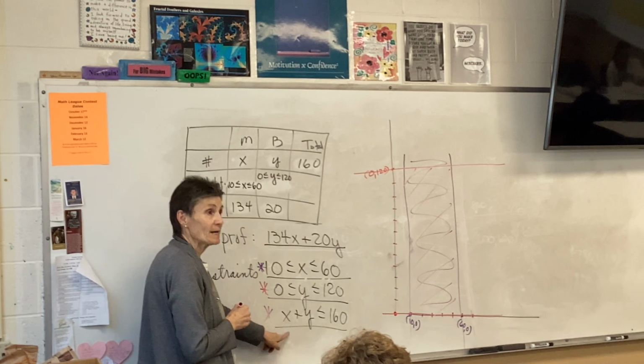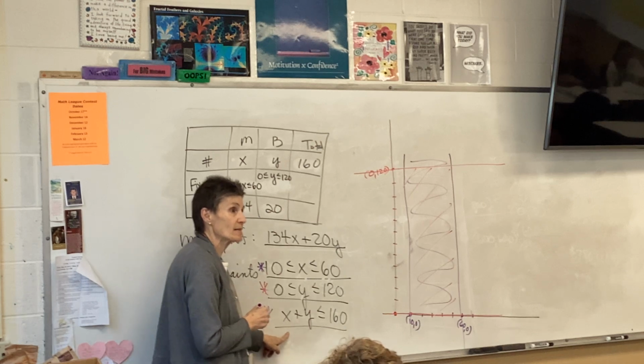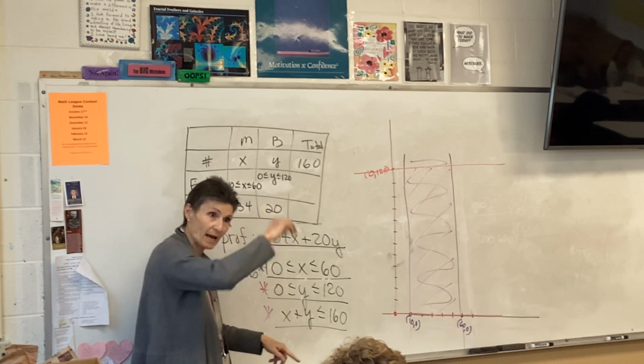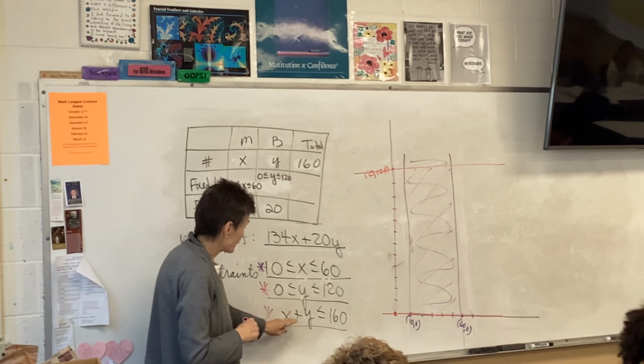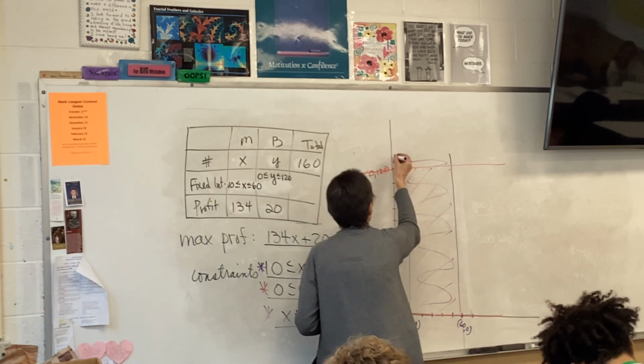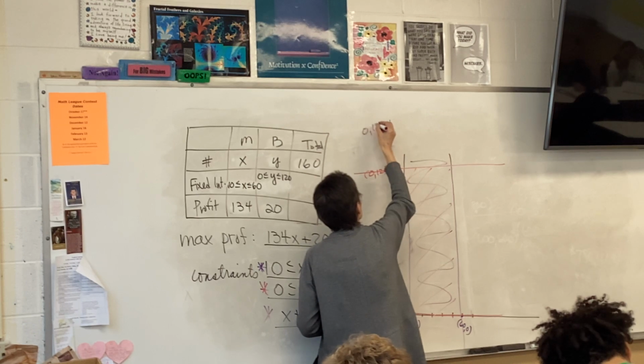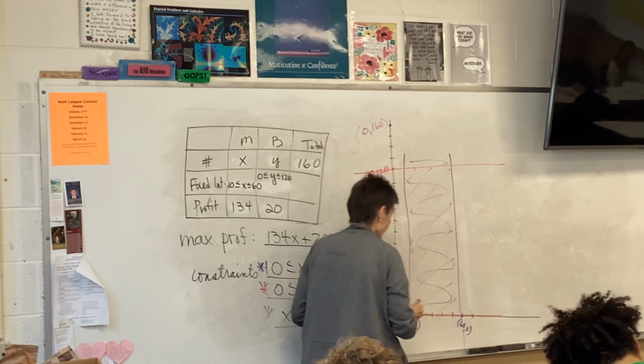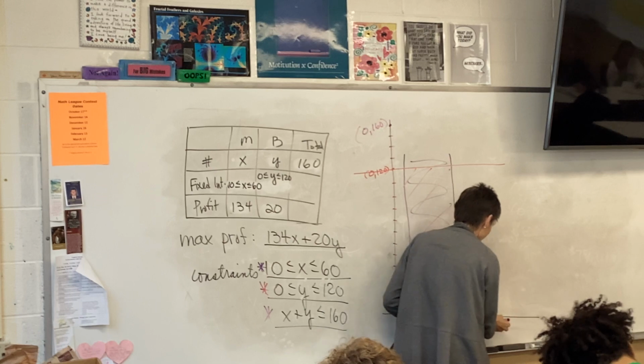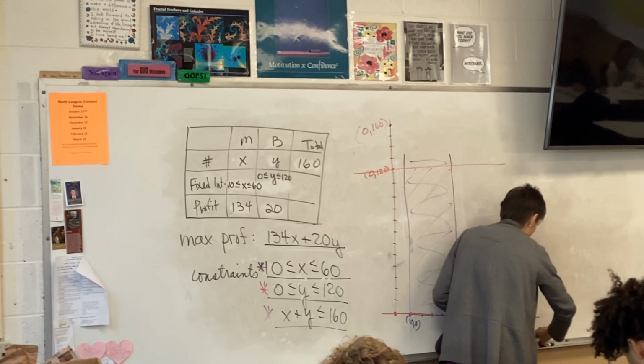So that one's going to be diagonal, that is not a fixed interval, that has both letters in it, so it's going to be a diagonal line. So if X is 0, Y is 160, 12, 13, 14, 15, 16, and 6, 7, 8, 9, 10, 11, 12, 13.